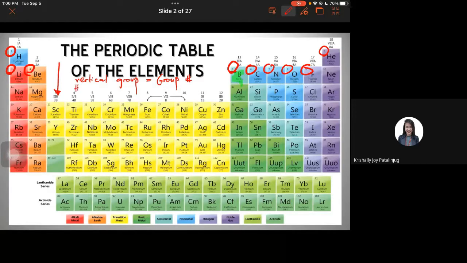Another is the horizontal grouping, meaning from left to right, the horizontal line. That's the period number. So these are the two ways we group the elements in the periodic table: vertical grouping, the group number, and horizontal grouping, the period.